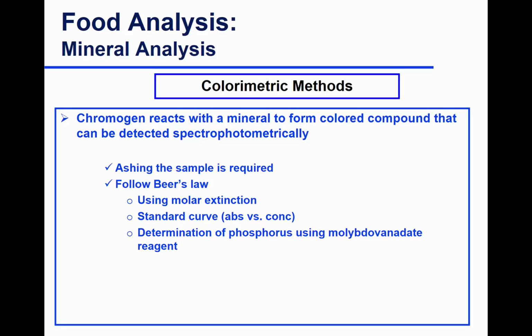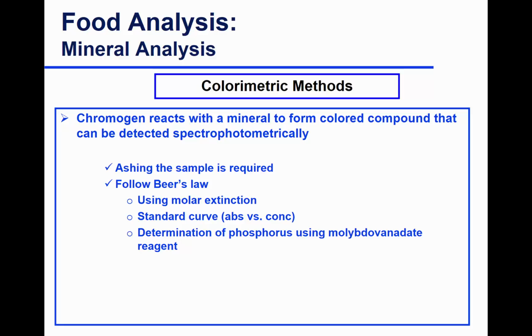Okay, so we talked about AA in the AA chapter, and we talked about titration last time. Another common method for analysis of minerals is colorimetric determination. So basically, you react the mineral with a chromogen or a chromogen precursor to form a colored compound, and then you do spectrophotometry on it, you run a standard, you apply Beer's law, and you calculate the concentration of your mineral that way.